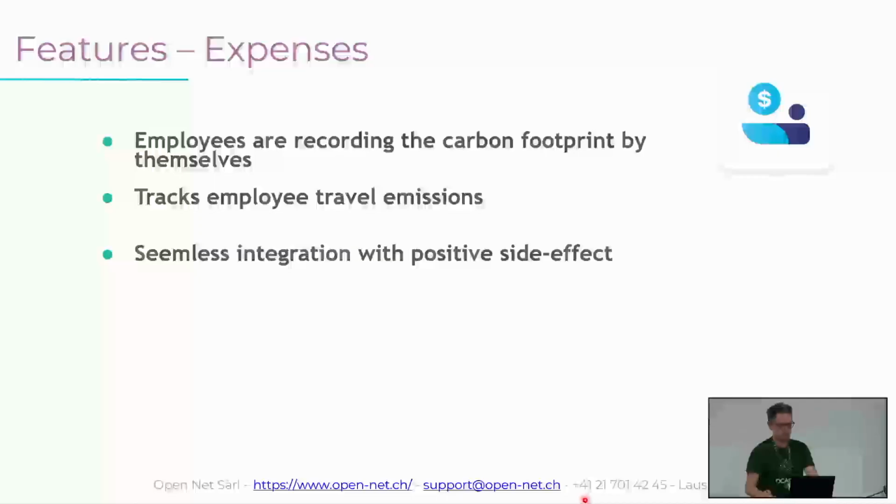It allows you to involve them and make them aware of how important it is. Instead of having an accountant who doesn't really know what the trip was for, where they really went, because sometimes you don't have all the information, it's up to the employee to fill it in. And that will help us track all these employee travel emissions.